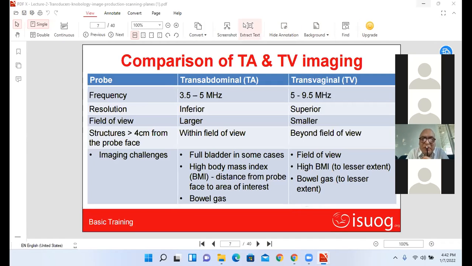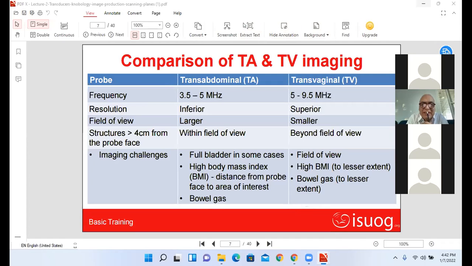So field of view is very large in transabdominal, while in transvaginal we can't see deeper beyond the uterus. So anything above the uterus we are going to miss because it is out of the view. Imaging challenges are there, of course.